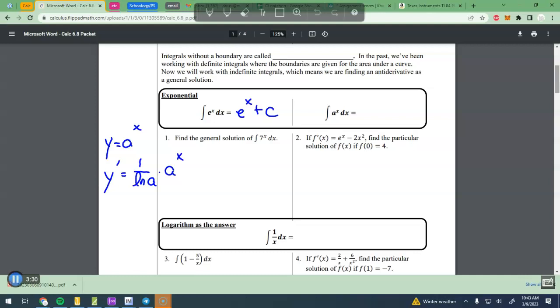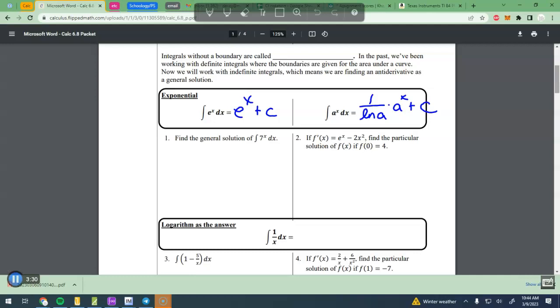So what's the integral? Why am I brain farting right now? No, the derivative is a to the x times ln of a. Alright, so it's back. So the integral is 1 over ln of a times a to the x plus c. So, okay, my fault. I got the derivative and integral mixed up.